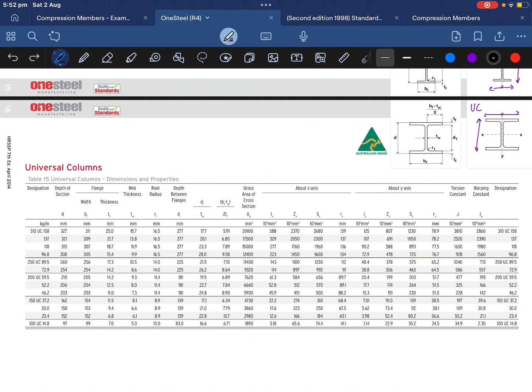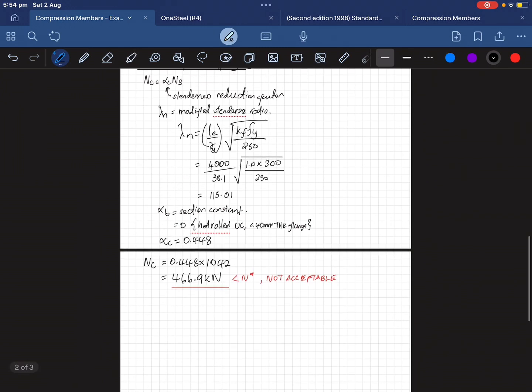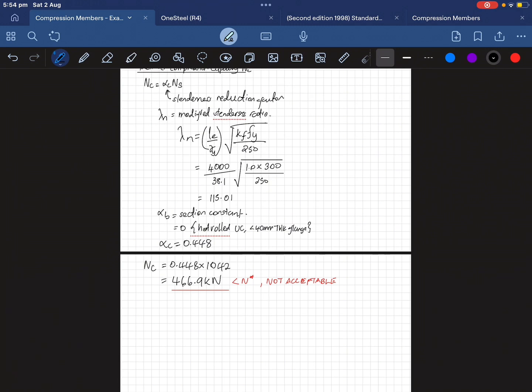Go up another section, and this is where the iteration process comes in. You can use Excel sheets to automate this process instead of having to calculate again by hand, which can save you a lot of time. But for the purposes of this tutorial, I wanted to go through the whole thing.